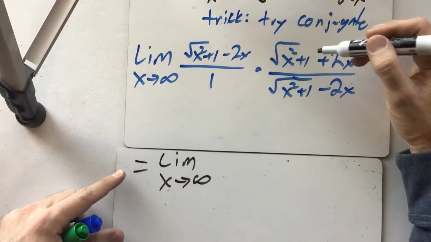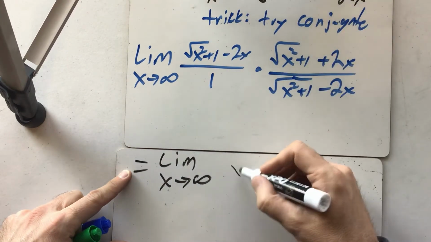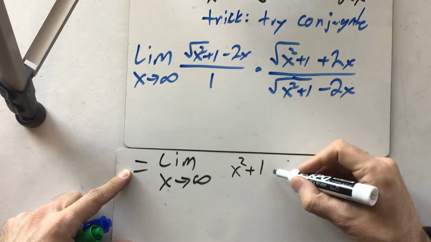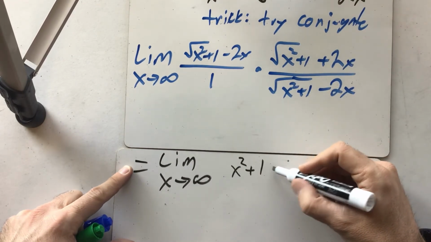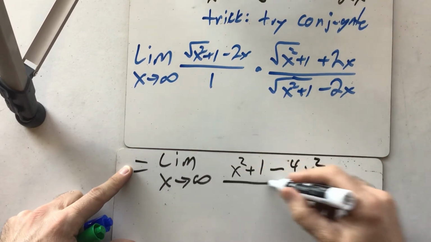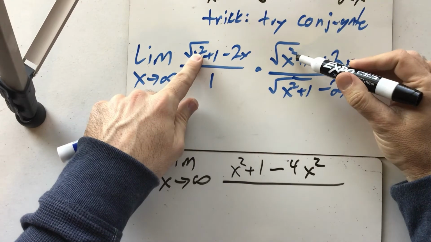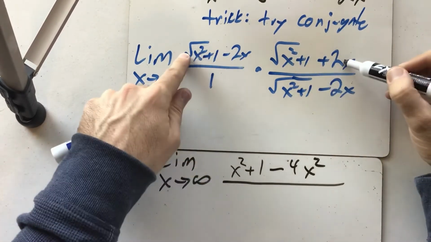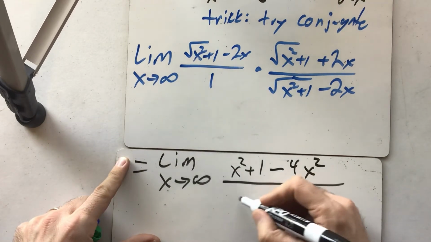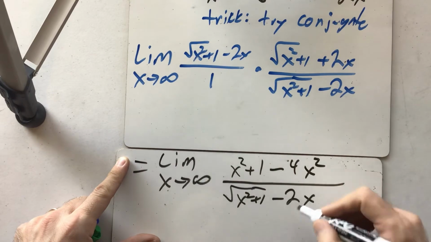If you look at the top, it looks like we've got an x squared plus 1 minus, and then we got x squared plus 1 minus 4x squared. And then on the bottom, right, so we get these two multiplied, gives me x squared plus 1. This and this cancel, and then the minus 4x squared is the other term. And so this gives me divided by the square root of x squared plus 1 minus 2x.